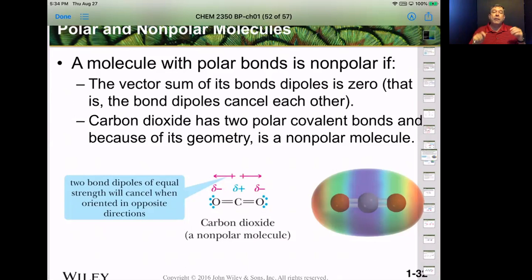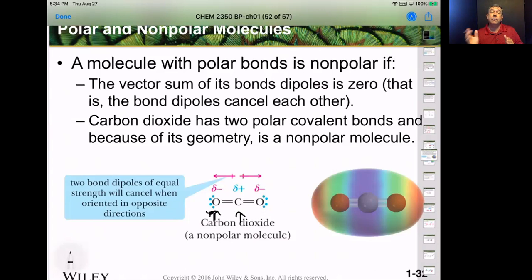When we talk about the polarity of a molecule, we have to know where each of those bonds is pointing to and see if they add together or if they cancel out. So in the case of this molecule here, carbon dioxide, if we just compared the electronegativity of oxygen and carbon, we would see that the oxygen is more electronegative, okay?